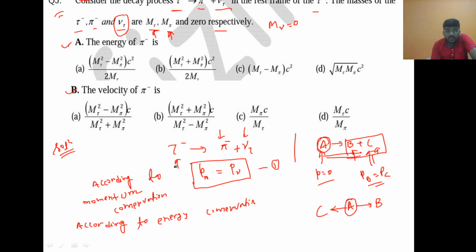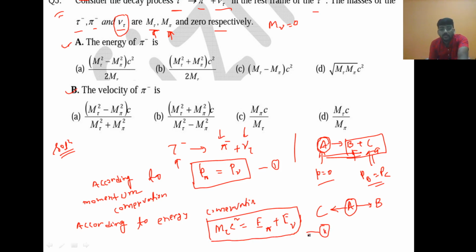So the total energy of tau at rest, m tau c square, will be equal to the total energy of pi minus plus the total energy of nu. This is our equation 2. Let me solve the question on the next blank page.